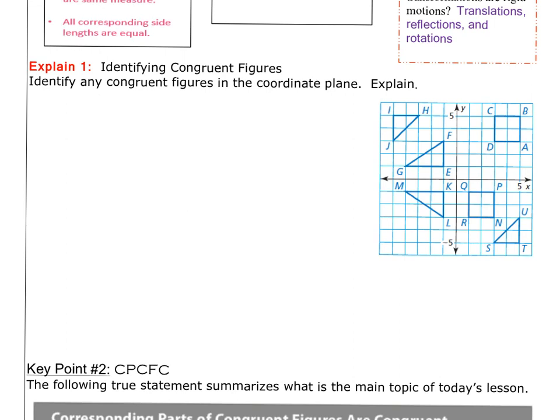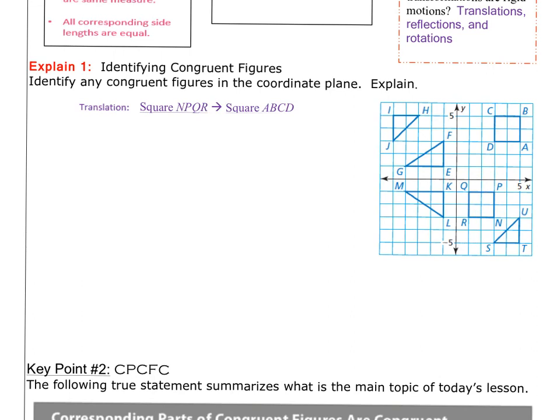Okay, next let's take a look at explaining how to identify congruent figures under certain transformations. So we have our figures over here that we can use. The first transformation we'll consider is translation. If we observe square MPQR and how it maps or translates to ABCD, we can see that it moved to the right and up.